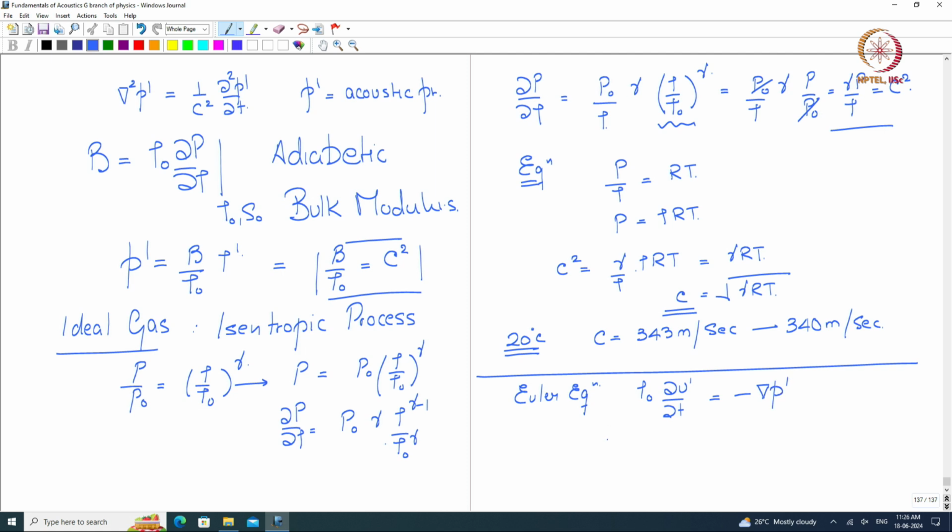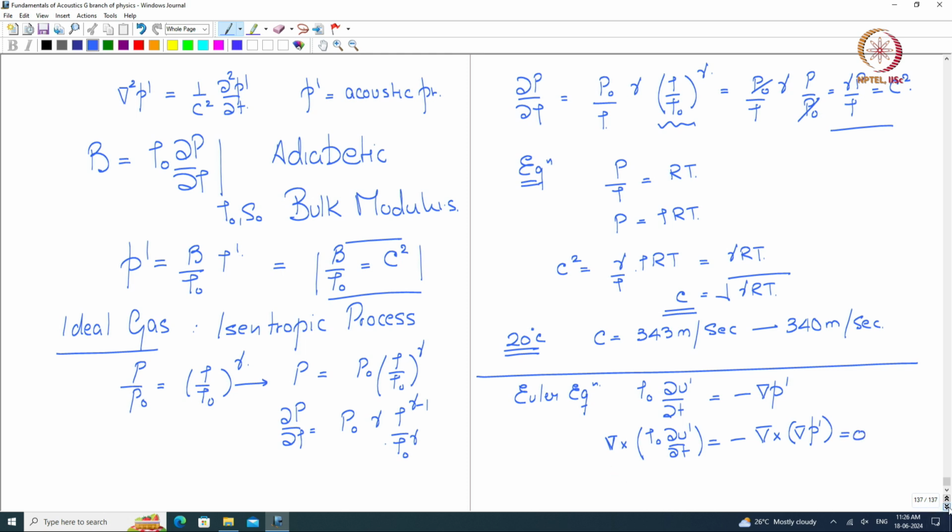Okay. So if I take the curl of this thing, del cross, rho 0 del u dash by del t is equal to minus the curl of a gradient, and the curl of a gradient is 0.